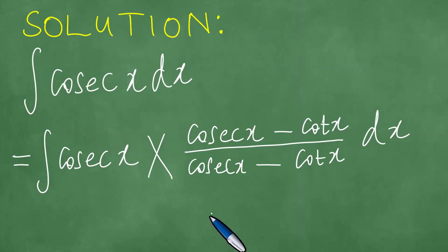Right, and upon multiplication by this, because this is a 1, now we proceed as follows. Now multiplying the numerator terms with cosecant of x, we get cosecant by cosecant, which is cosecant squared, and cosecant of x times the cotangent of x, which becomes minus the cosecant, the cotangent, and we write the following.